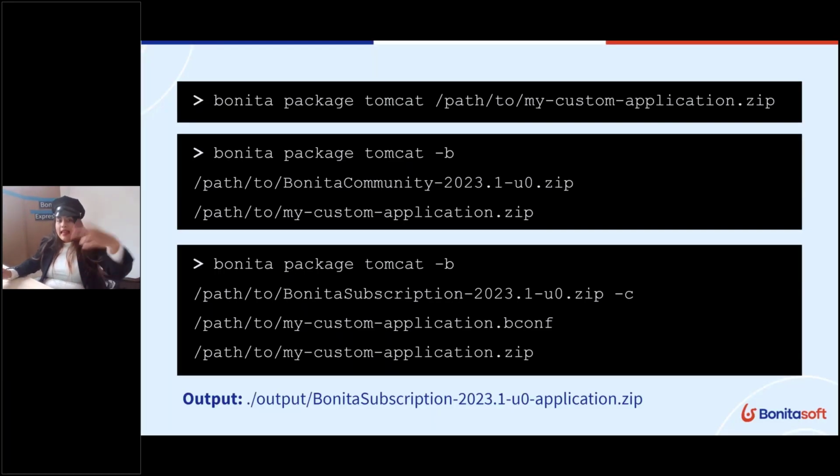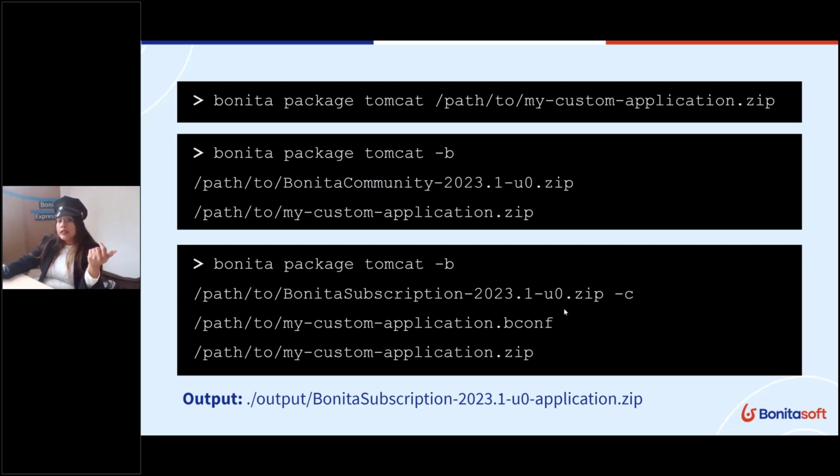It's really like this. For Tomcat it's bonita package tomcat, and the path to the zip of your application. If you do it this way without saying which Tomcat, it will use the Tomcat at the root of where you are calling this command. If not, you can just say -b and put the path towards the Tomcat you will be using.